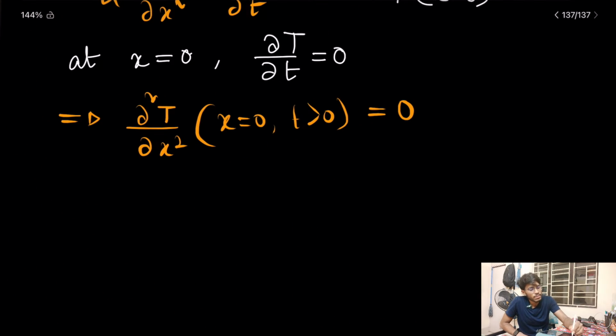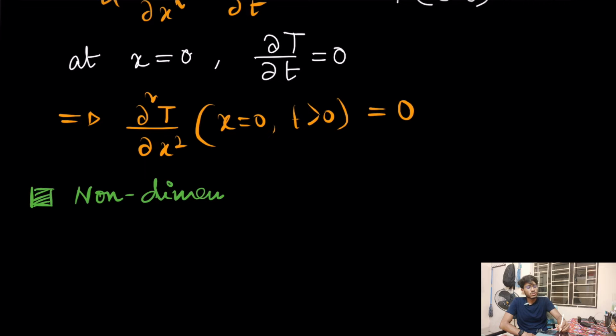So now let me non-dimensionalize the problem. These types of philosophies you have to develop in your brain. We don't do the non-dimensionalization just like that. There is a particular reason behind doing it.